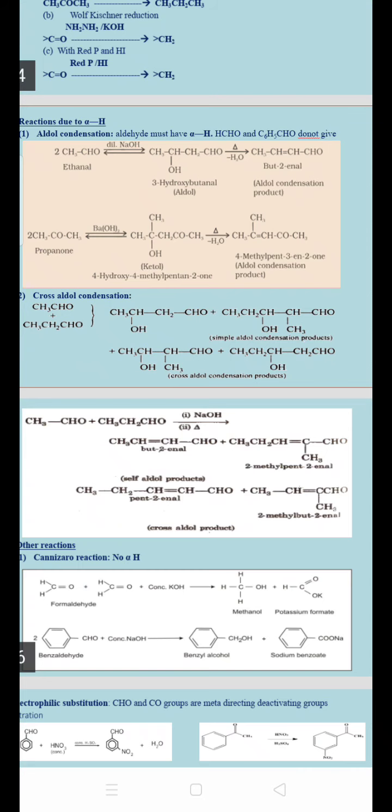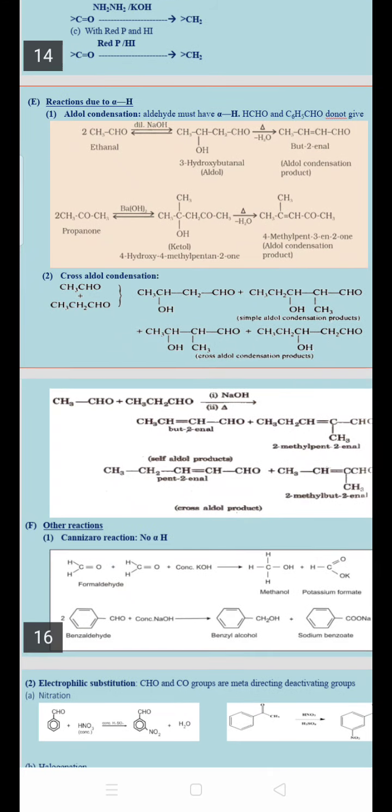Next we are moving to cross aldol condensation. So what is cross aldol condensation? When I carry out aldol condensation between two different aldehydes or two different ketones, I call it cross aldol condensation.